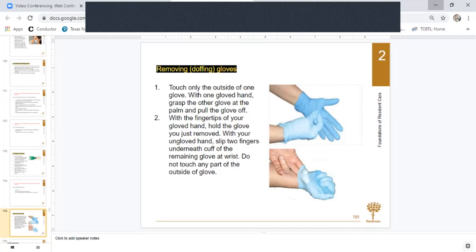What other bacteria are spread through the airborne route? Well, we have the shingles virus. Remember the varicella? Varicella is another one that's transmitted through the airborne route. I always use this example because it happened in my house.